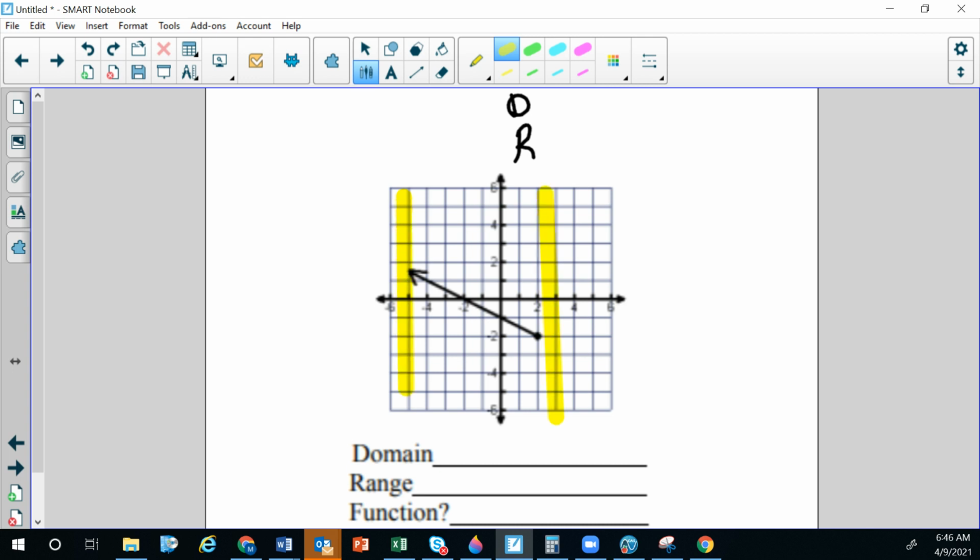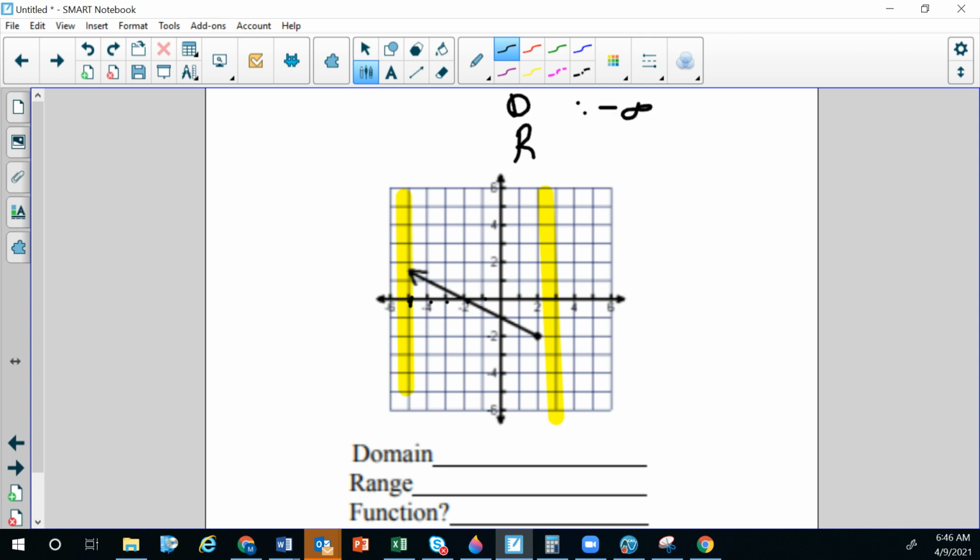So let's count off my units. On the left side, I'm going to have -1, -2, -3, -4, -5. But guess what? My line touches the arrow. That means the graph doesn't end there. It keeps on going. Therefore, my domain on the left side is going to be negative infinity, right?